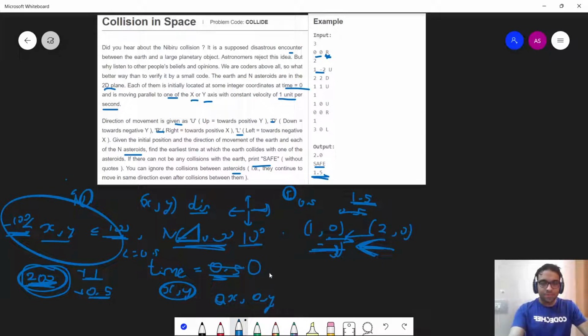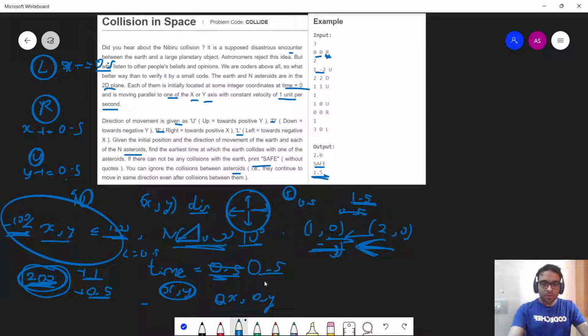Then at each step of 0.5, I'll increment my x with 0.5, or whichever position according to the direction given. So say if my Earth was traveling in the right direction, I'll increment my x with 0.5. Say it was traveling in the up direction, I'll increment my y with 0.5. Say it was traveling in the left direction, I'll decrement my x with 0.5, so x minus equals 0.5, and so on, whichever direction is given.